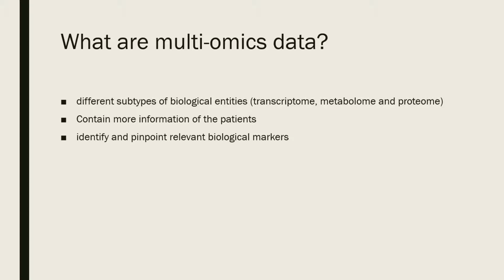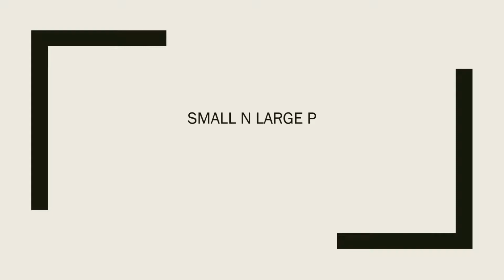By studying multi-omics data, we are able to identify and pinpoint relevant biological markers, and thus help with the study of cancer. The problem, however, of using multi-omics data is the small n large p problem. This problem refers to the fact of multi-omics data having few samples but very large dimensions. This project tries to overcome this problem using various techniques.